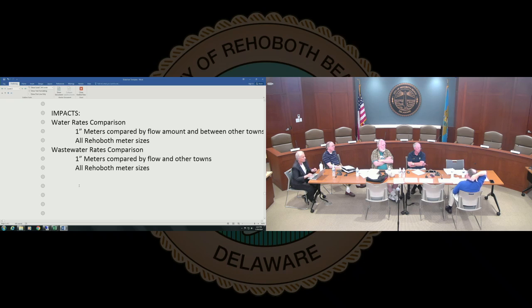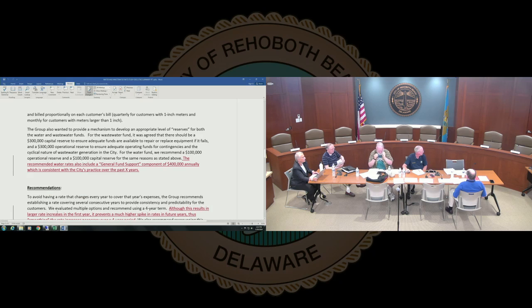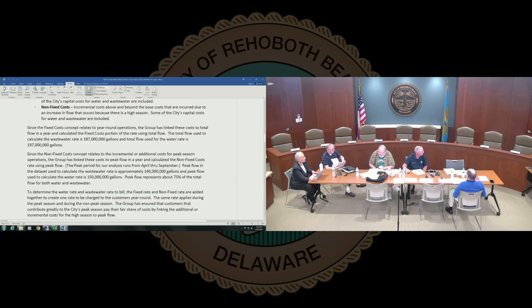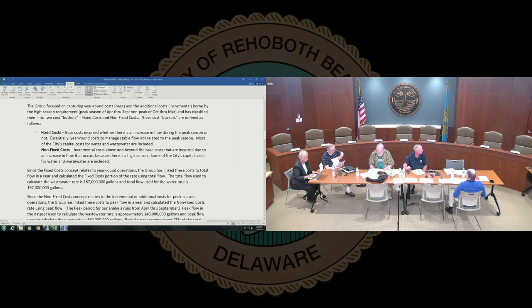My biggest thought on this is in the second page of this, down toward the bottom, where we talk about the peak and the executive summary. Really, if you think about it, what we've done is we've identified our fixed and non-fixed costs, combined everything into one rate, and we bill the people year-round with no seasonal rate.